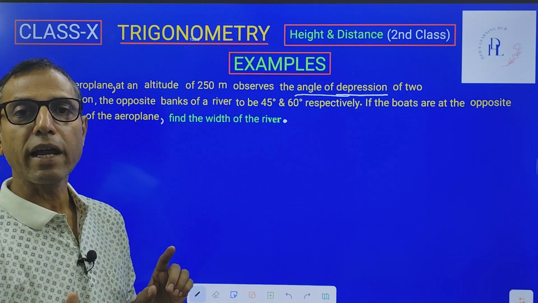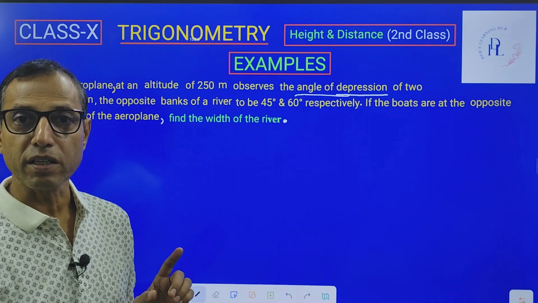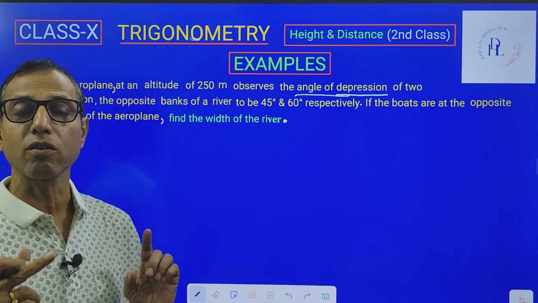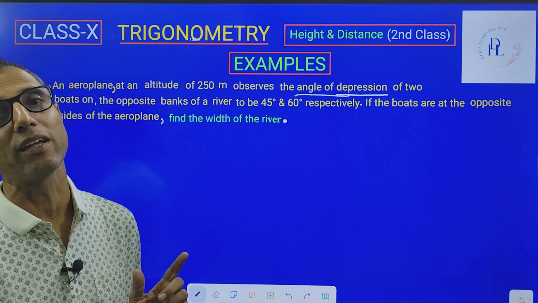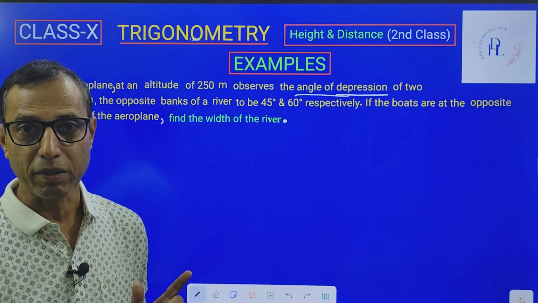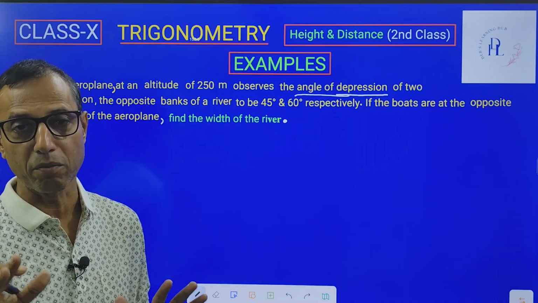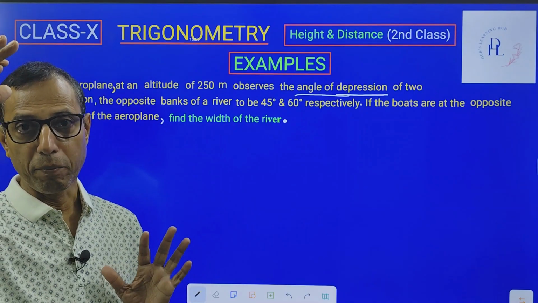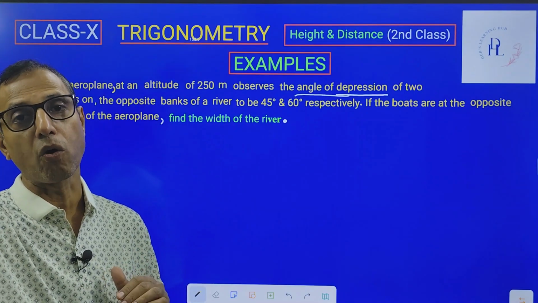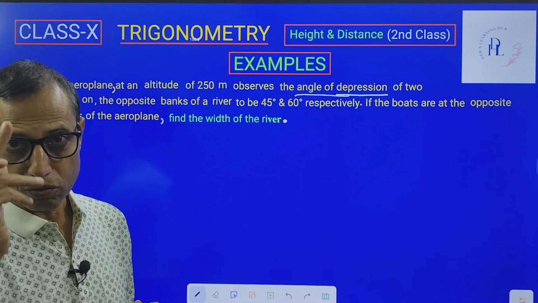Not exactly in the middle, but over the river. So now depict the diagram.